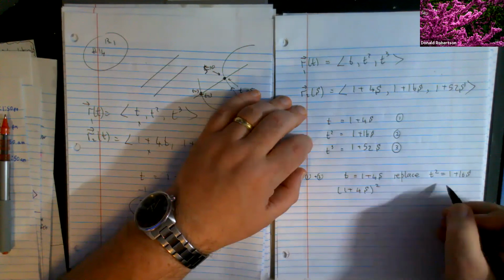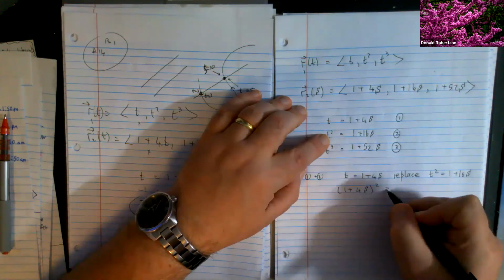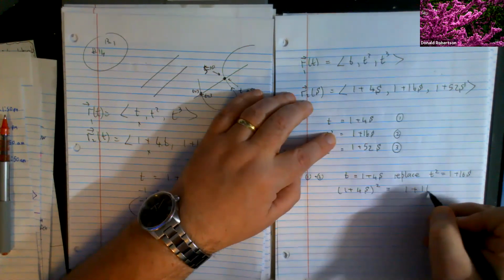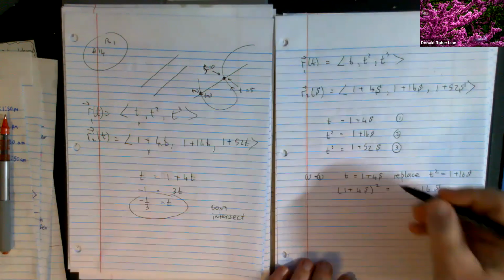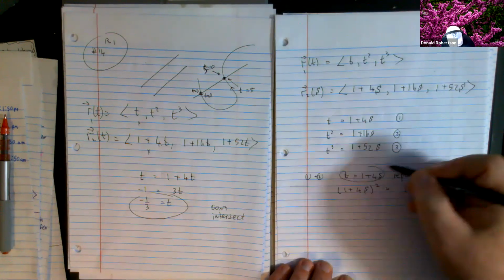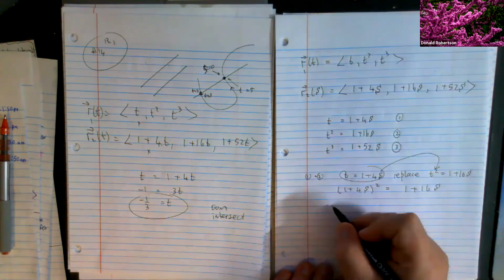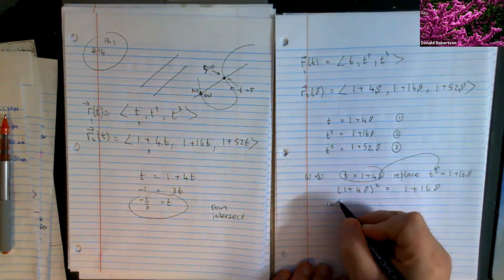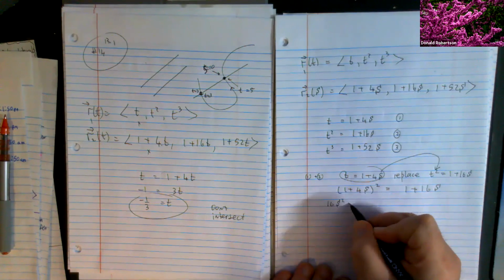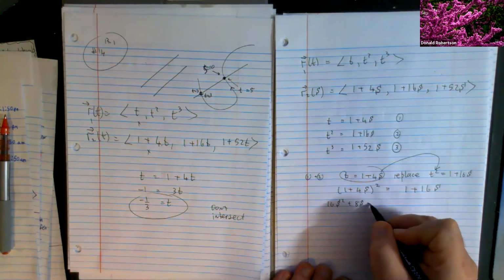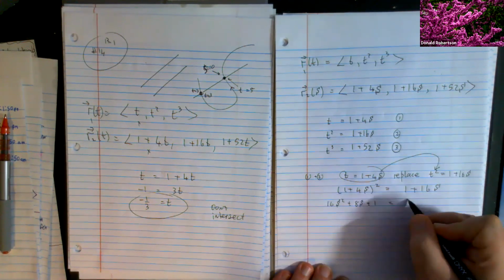And 1 plus 16S. Are you happy about using that guy to go there? Now, if you FOIL this out, you'll get 16S squared, 8S plus 1. And that's going to be 1 plus 16S.